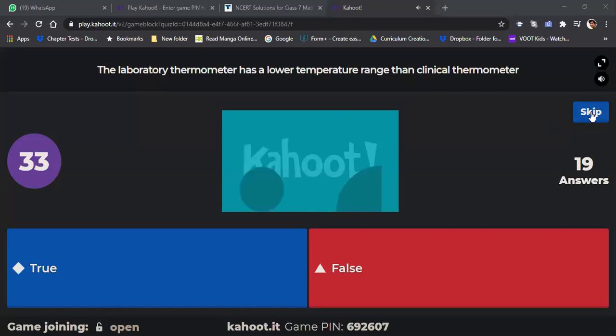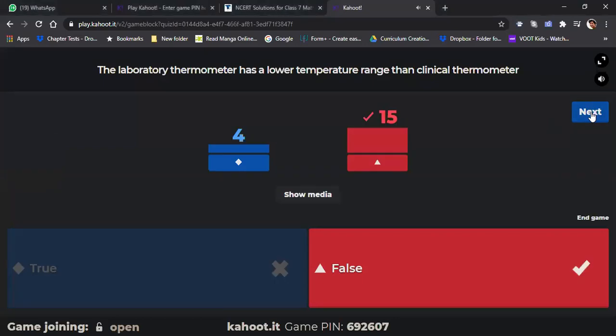I'll skip now. The answer is false. The laboratory thermometer has a higher temperature range, right? Most of you should remember that the clinical thermometer can measure your body temperature only, but the laboratory thermometer can measure from -10 to 110 degree centigrade.